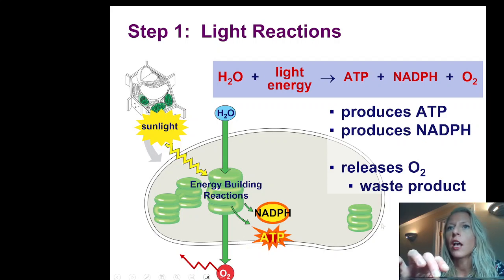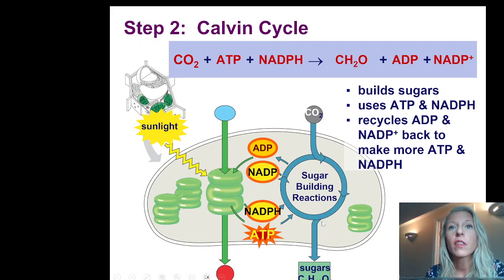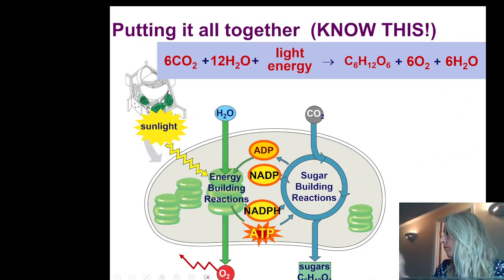Okay, and this helps to power the Calvin cycle. So we have CO2 coming in, and ATP and our electron carrier, NADPH, helping to power up the Calvin cycle to produce glucose.